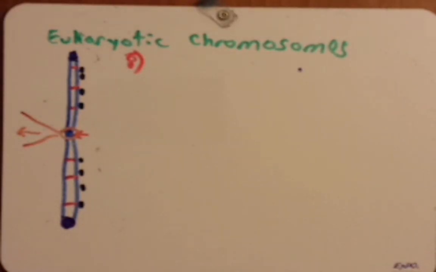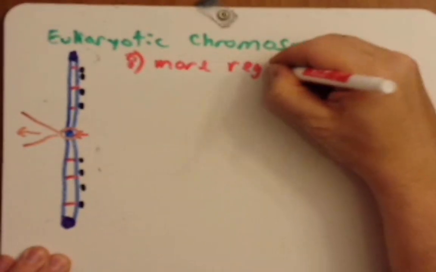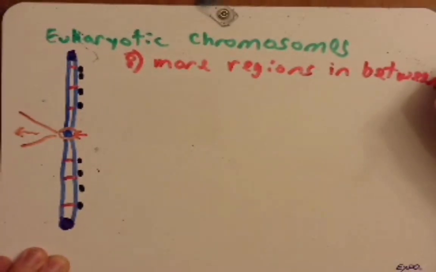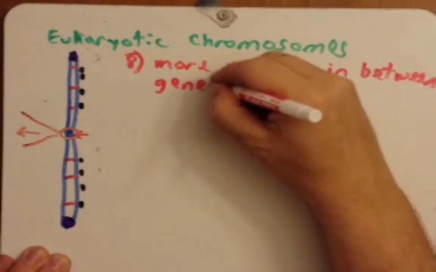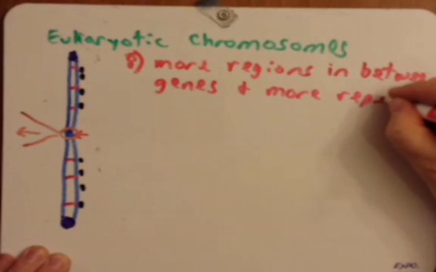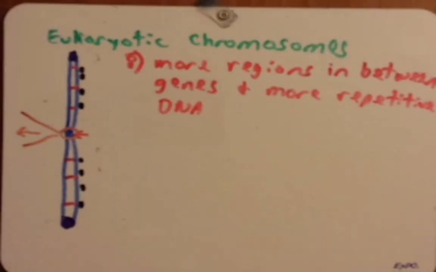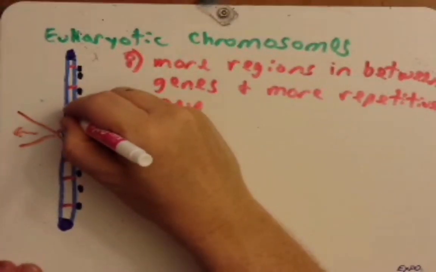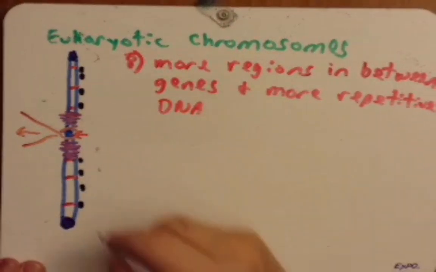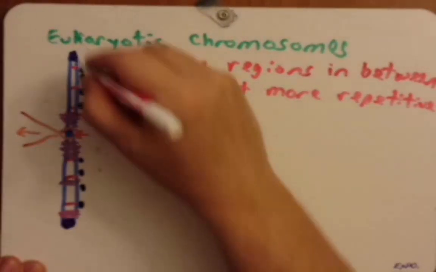And what you'll notice is that there are more regions in between genes, or I should say more sequences in between genes, and more repetitive DNA, which I'll draw here as pink. In fact, this is going to be our repetitive DNA. And this telomere is also repetitive DNA.